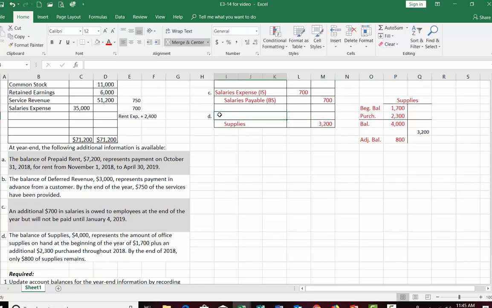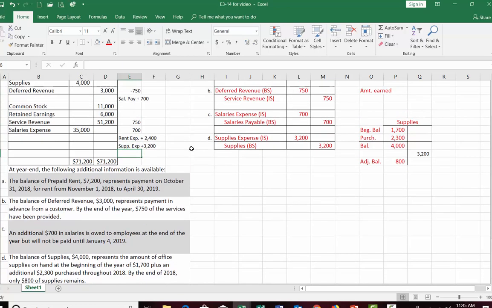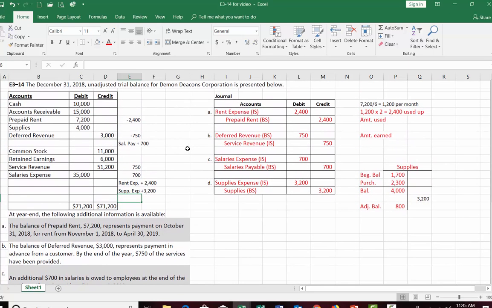And what do we call supplies that we used up? Supplies expense. Again, that's an income statement account. Supplies is a balance sheet account. So we're going to add supplies expense plus 3,200, and we're going to reduce our supplies by 3,200.